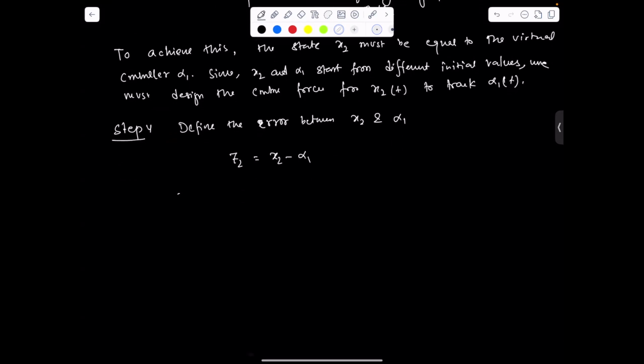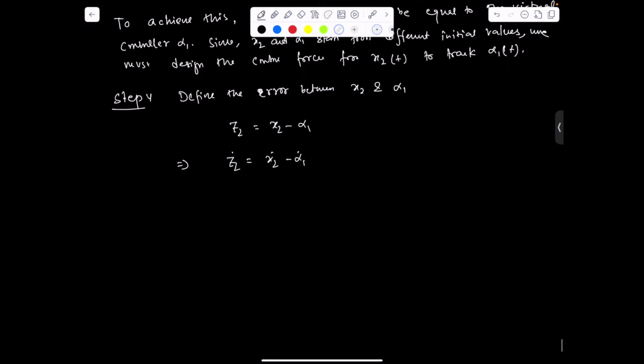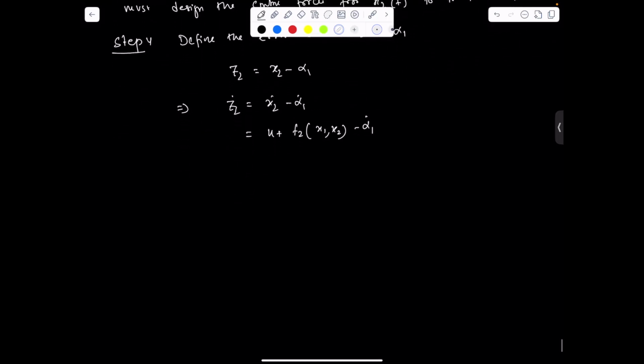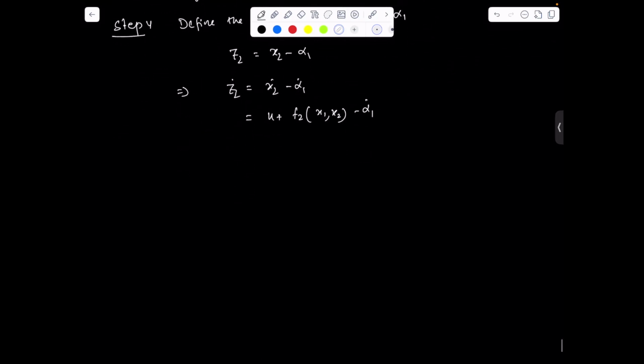Or we can write G2 dot equal to X2 dot minus alpha 1 dot. Or we can write, in place of X2 dot, U plus F2 of X1, X2 minus alpha 1 dot. So now we'll be designing the overall control U for the entire system. So here, step 5.